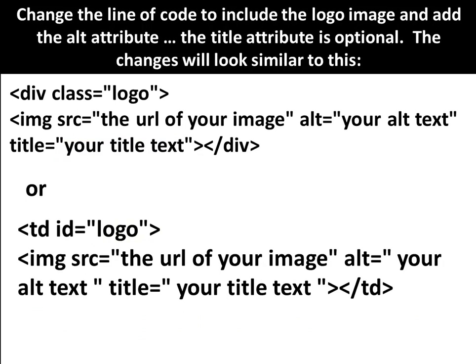Once you find the code, you're going to want to change it, and you're going to want to add something. So you're going to change the div class a little bit, and you're going to put in your image source. This tag will show the browser where to go get your image to show it in your website, along with your alt tag. So that's where you paste what you copied.